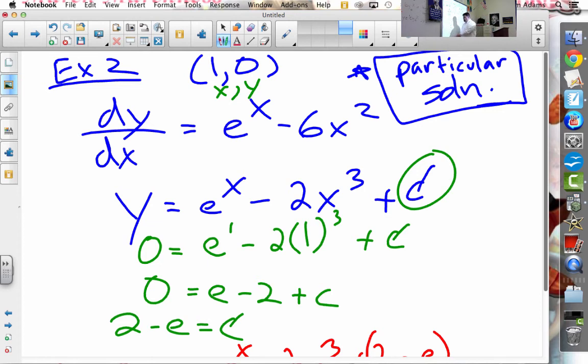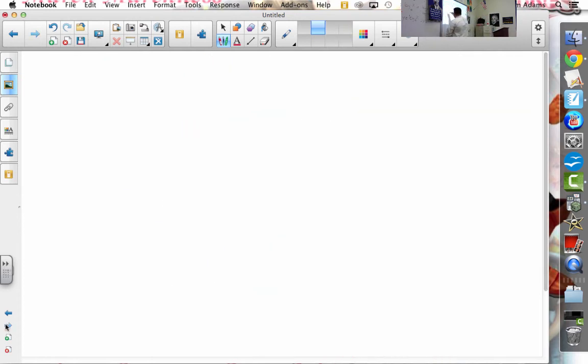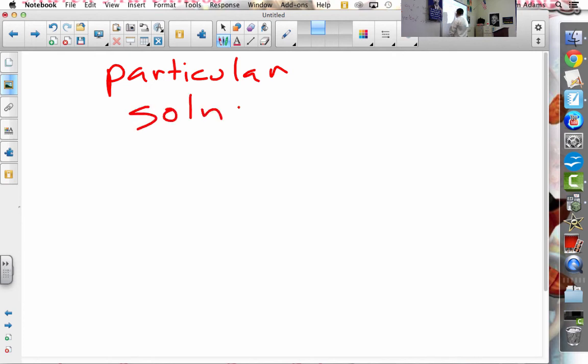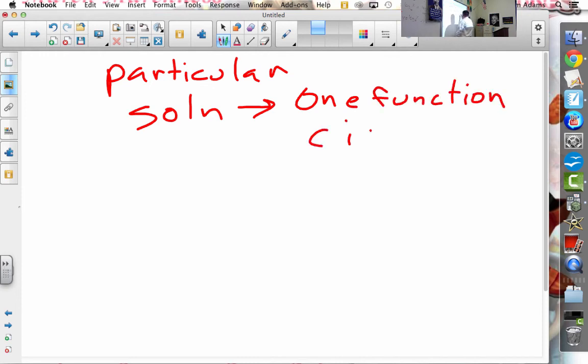So let's just jot that down. Particular solution means one function, c is known. In other words, we can solve for c and we can figure out what c is.